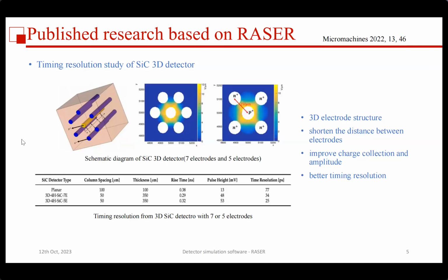That means the probability of carrier trapping and the drift distance decrease. Based on this, we could have better timing resolution. Besides, the number of electrodes and the distance among them can be easily simulated, and this will help us a lot in the production process.